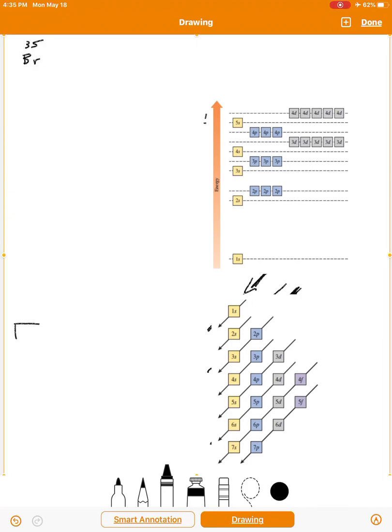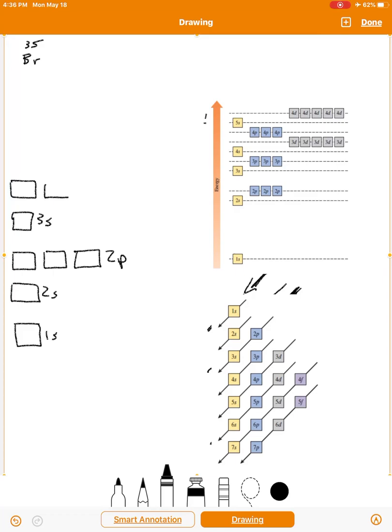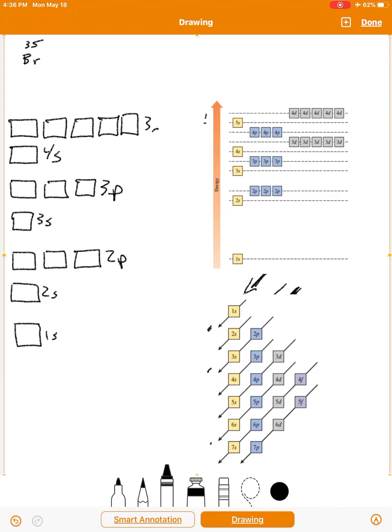So I'm going to start way down here and do 1s, and then 2s, 2p, 3s, 3p, 4s, 3d, 4p.